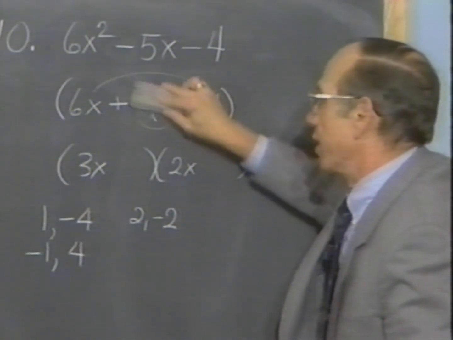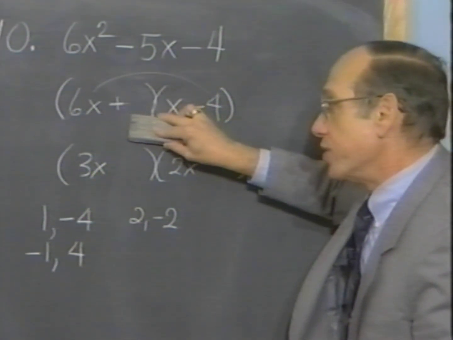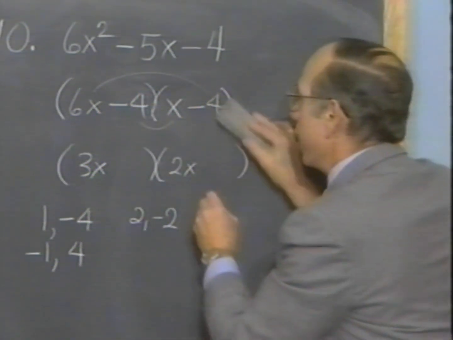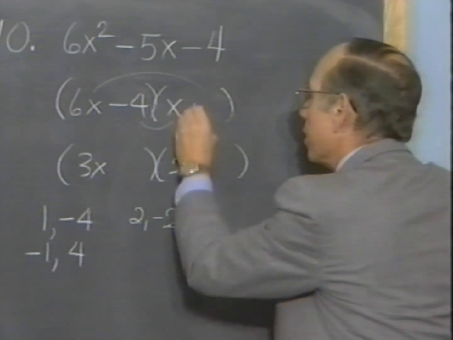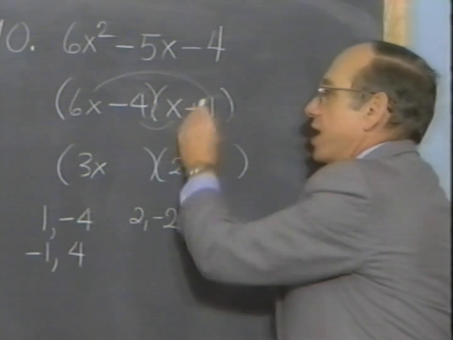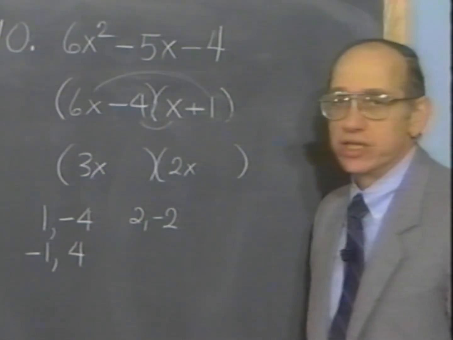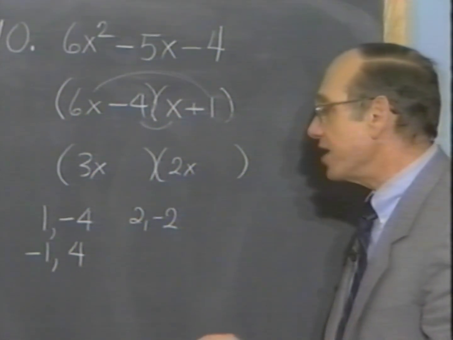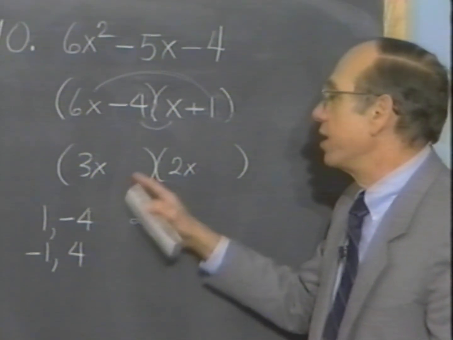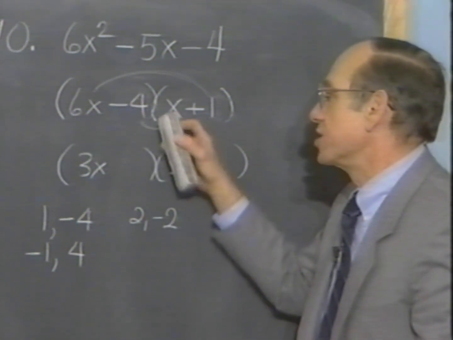So let's change that. Now, how do we change it? Well, we'll put the minus 4 over here and the plus 1 over here. And check again. We have 6x minus 4x is plus 2x, and that's not right. So the 1 minus 4 combination doesn't work with the 6x and the x.